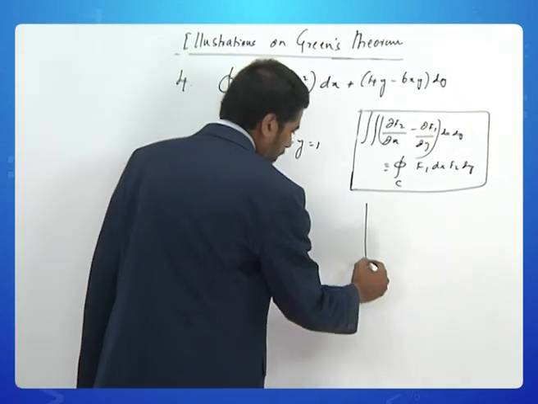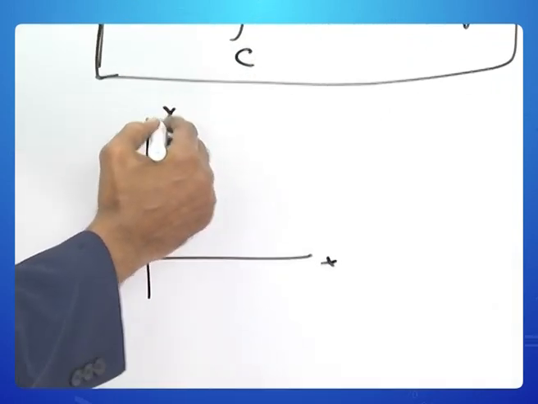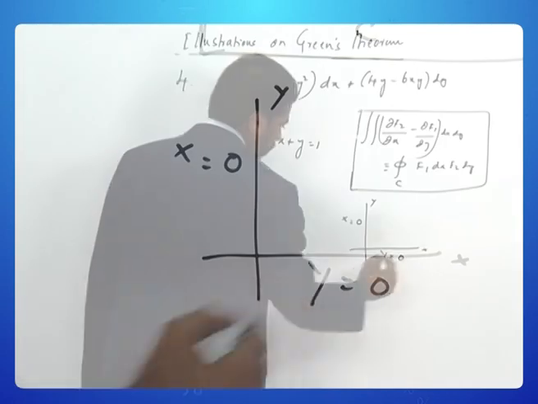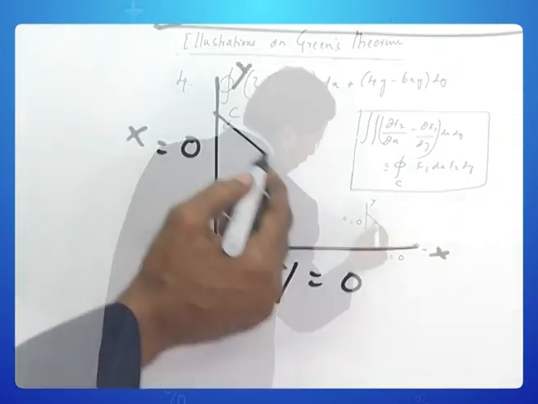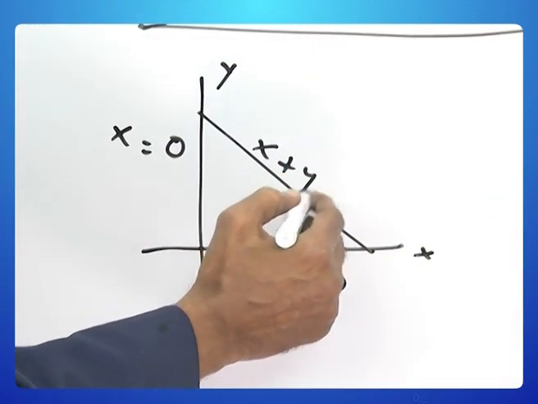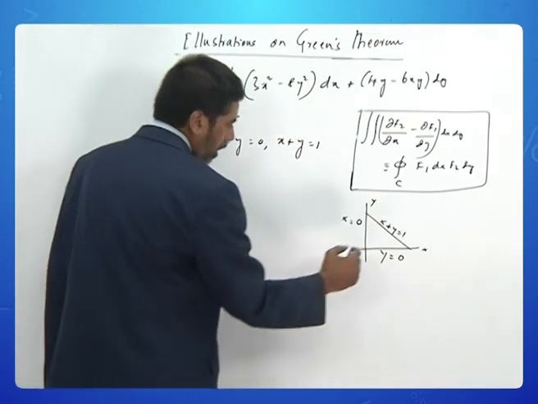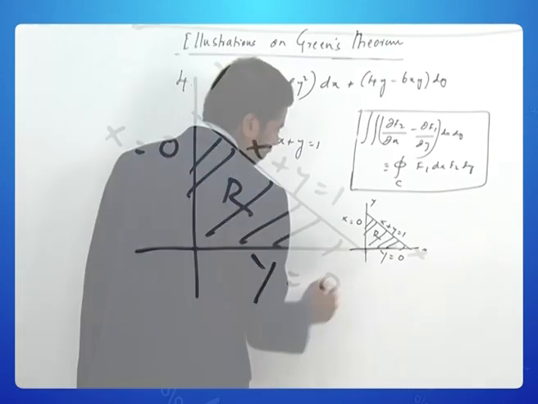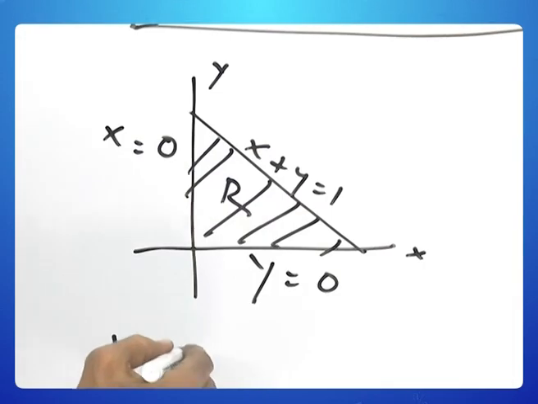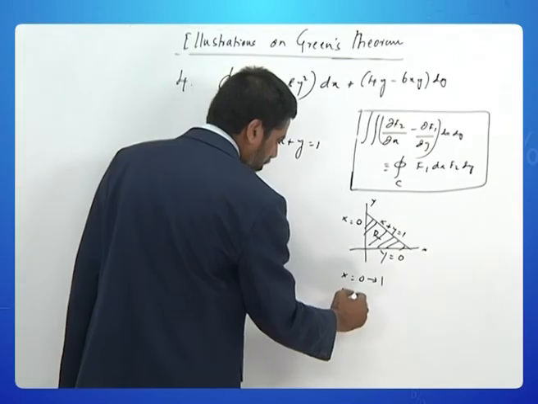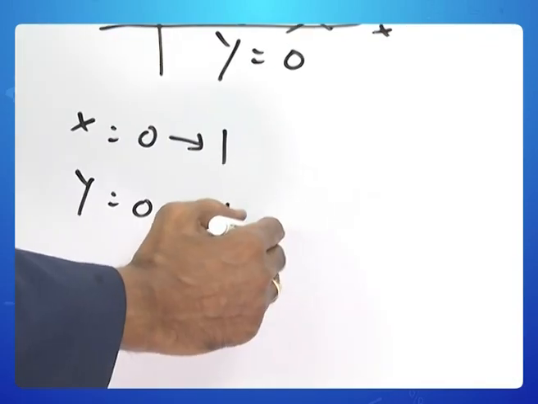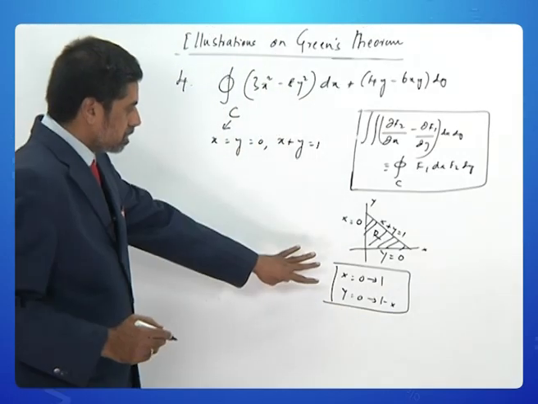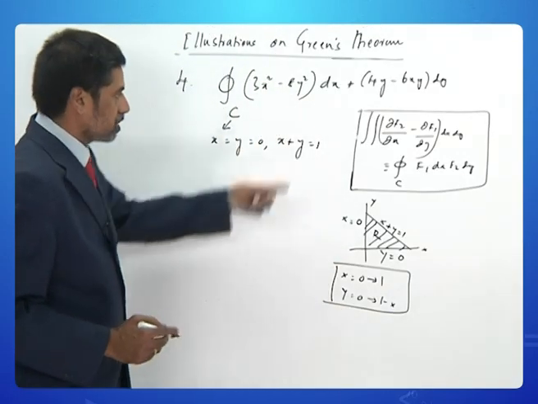The region, as you can easily see, is a triangle. x = 0 is the y axis, y = 0 is the x axis, and this is the line x + y = 1, and the region of integration is that triangle in the first quadrant. So you can see x limits vary from 0 to 1, y limits vary from 0 to 1 − x. So this will be used as limits of the double integration after conversion.